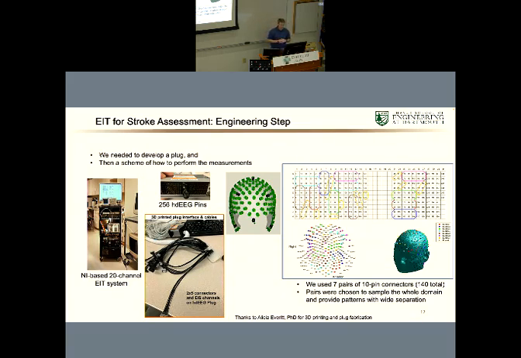We can only measure from 20 at a time. So this diagram is trying to show how we select. We're putting on the plugs on the back end to get reasonable spots, and basically we want to make sure we're generally driving currents deep within the head, so we have good contrast, or we have sensitivity to the contrast.